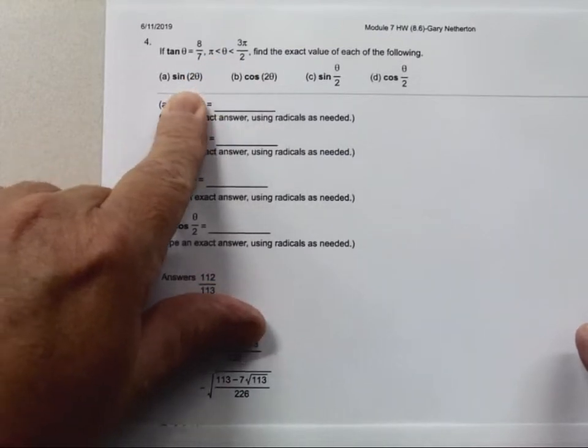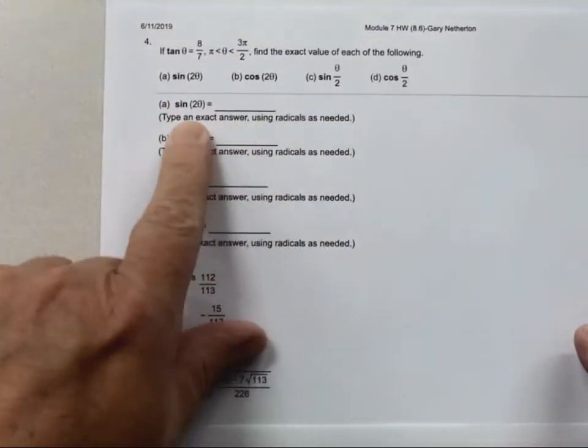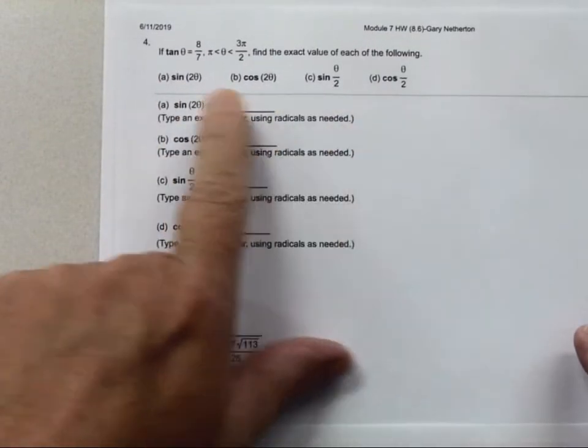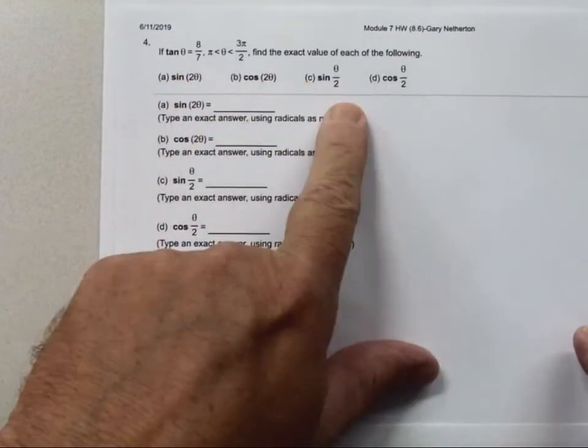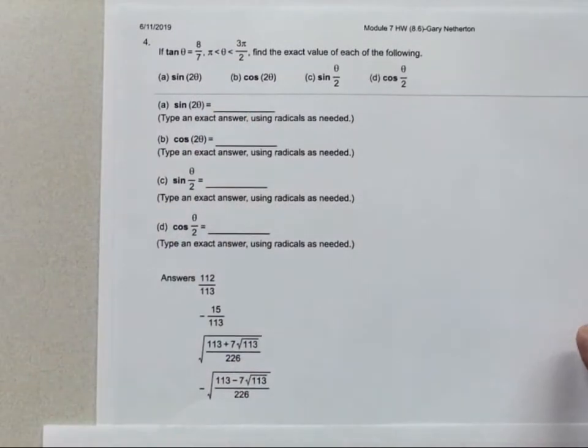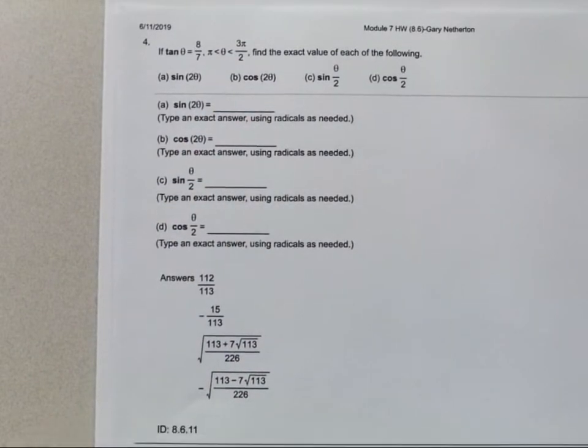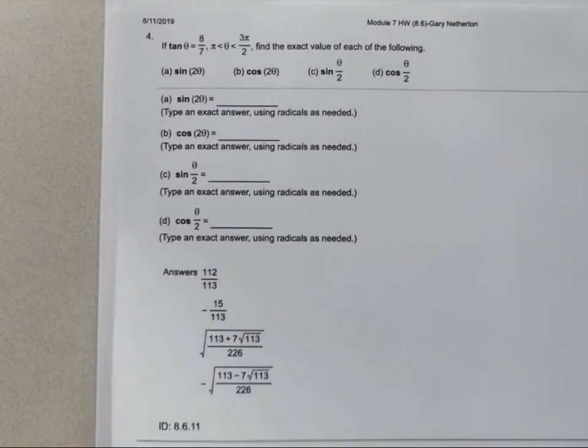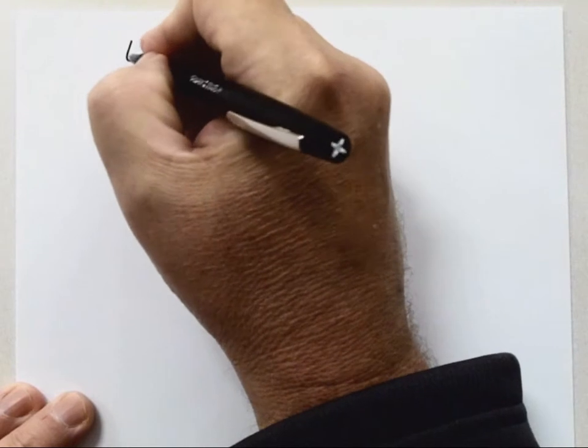And then they ask for the same 4 things. I'm not going to do all 4 of these. I'll probably just do one of each of these. But I want to go through setting it up because there's a few twists here that make this problem different than the one we just did. Not really different, but just a little with the sines and other things. So let me quickly write this one down. I'll go through this pretty quick.